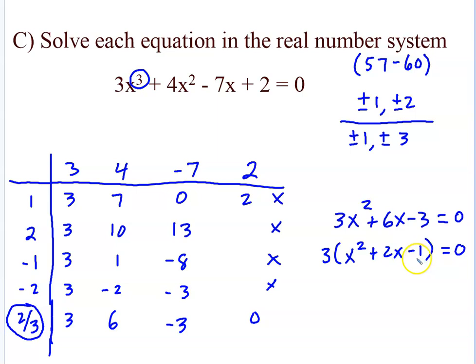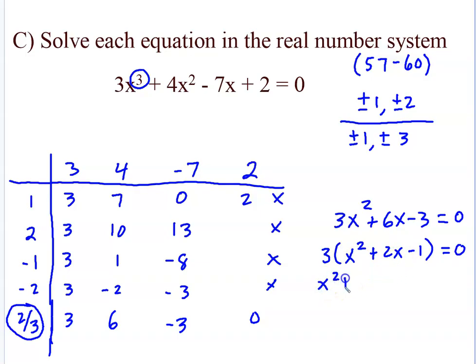And solving the quadratic, there are no factors here that we could use, so I'm going to have to use the quadratic formula, or you could complete the square if you prefer. I think that might be probably a little quicker. Let's just complete the square here.